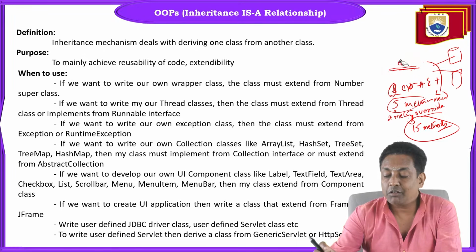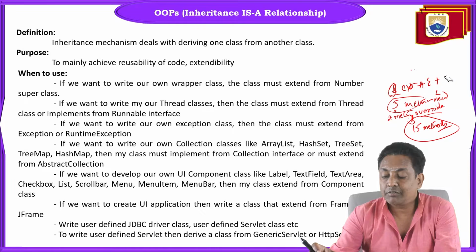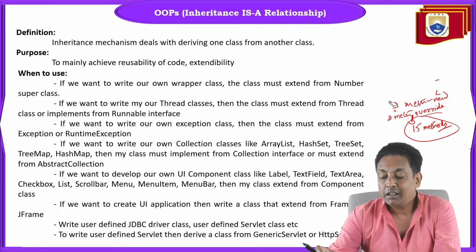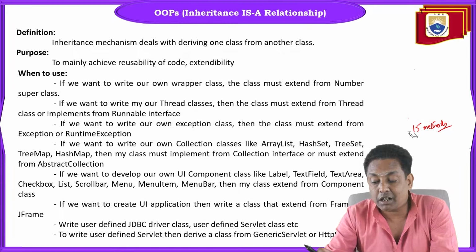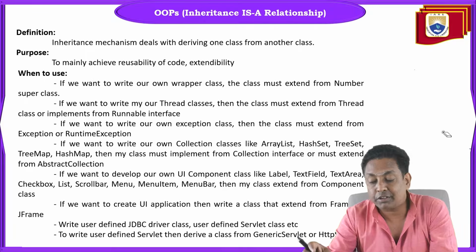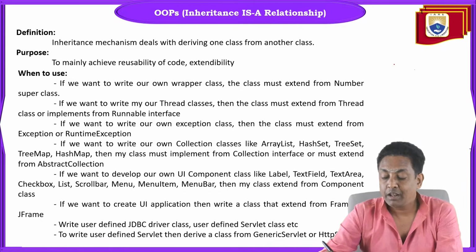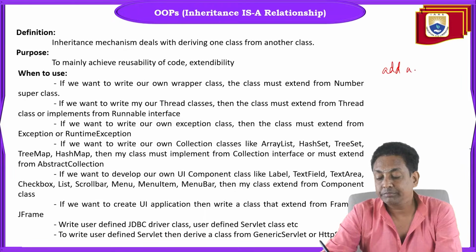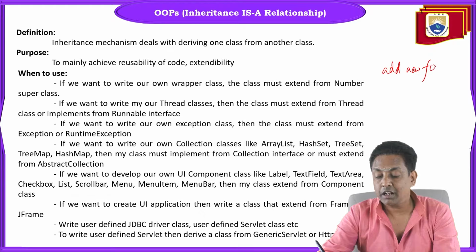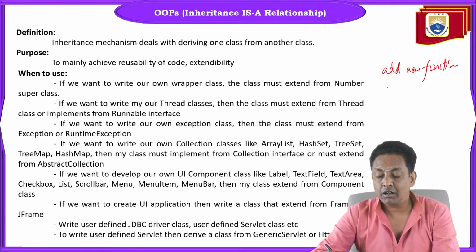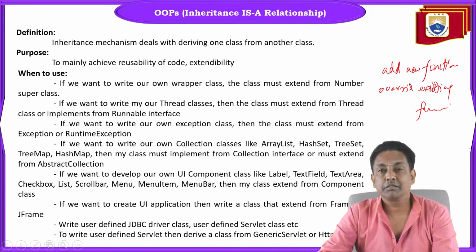So this is how we decide whether we want to go for inheritance. If you want to add new functionality to the already existing functionality, or if you want to override existing functionality, we will go for inheritance. Add new functionality, or override existing functionality.